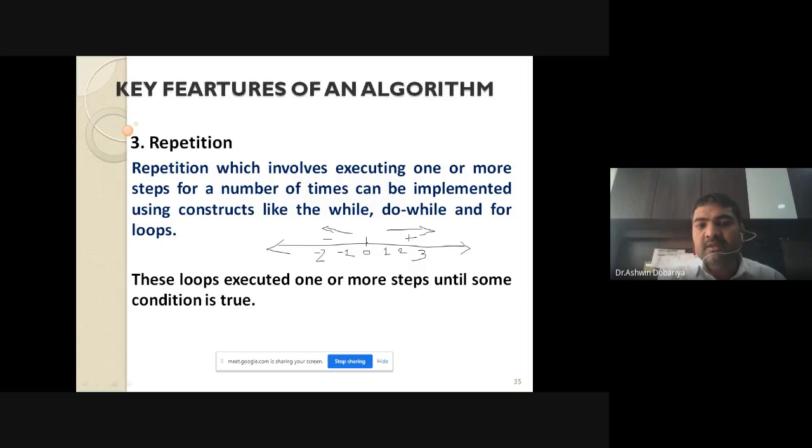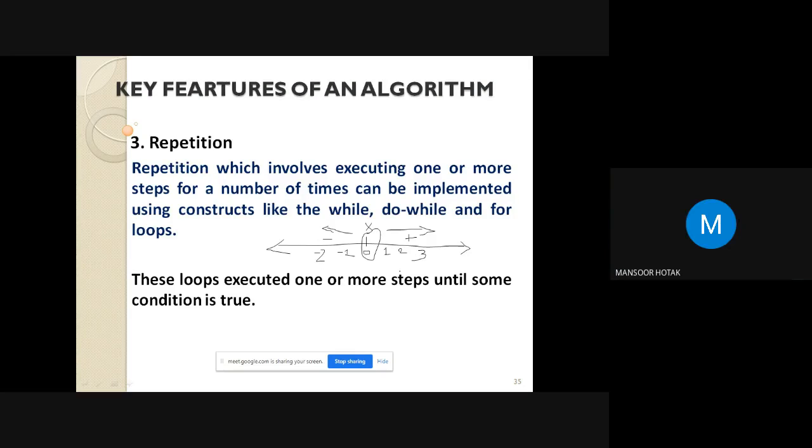So if the number is exactly 0, then we say the number is 0. If the number is not 0, then we have only two possibilities: either the number is positive or the number is negative.